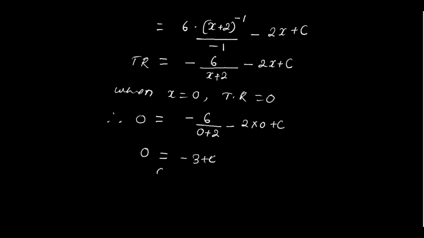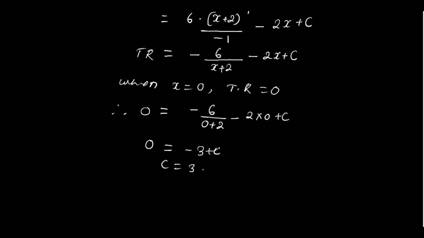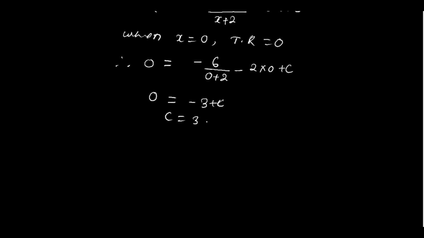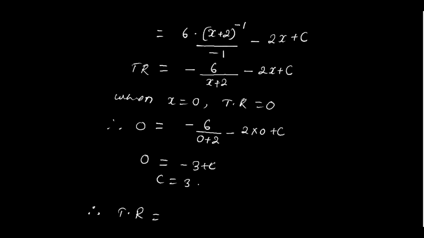C equals 3. So now we can substitute the value of c in the above revenue function. Therefore total revenue is equal to how much? You can substitute the value of C as 3 in this equation.